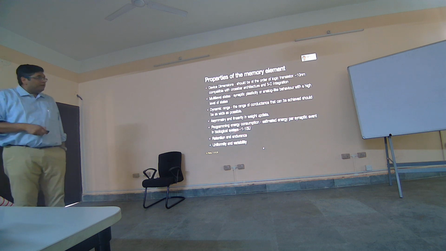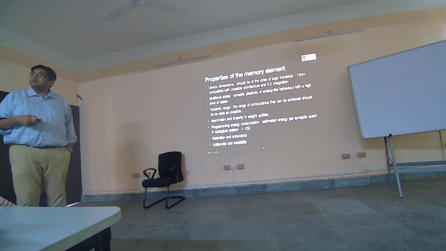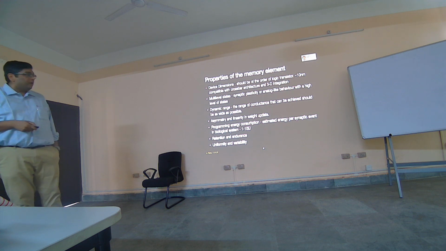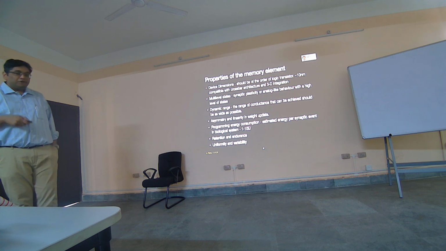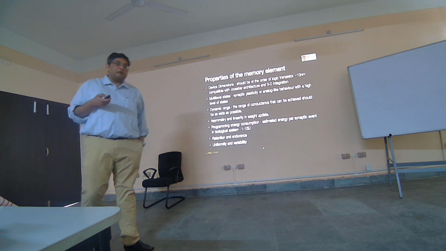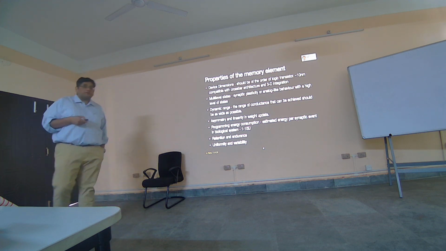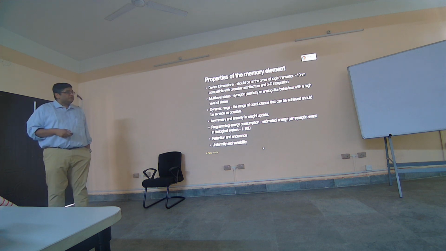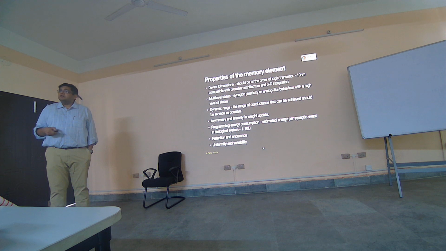We also want the weight update to be as linear as possible, and we'll talk about that as we go through. Another big part: if you think about older non-volatile memory, say papers in the 80s and 90s when we were doing flash and EEPROM, it took a lot of energy to program.